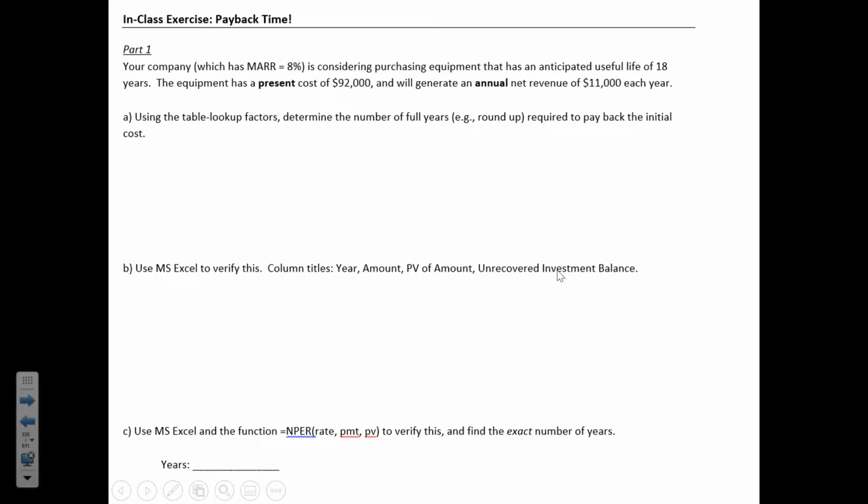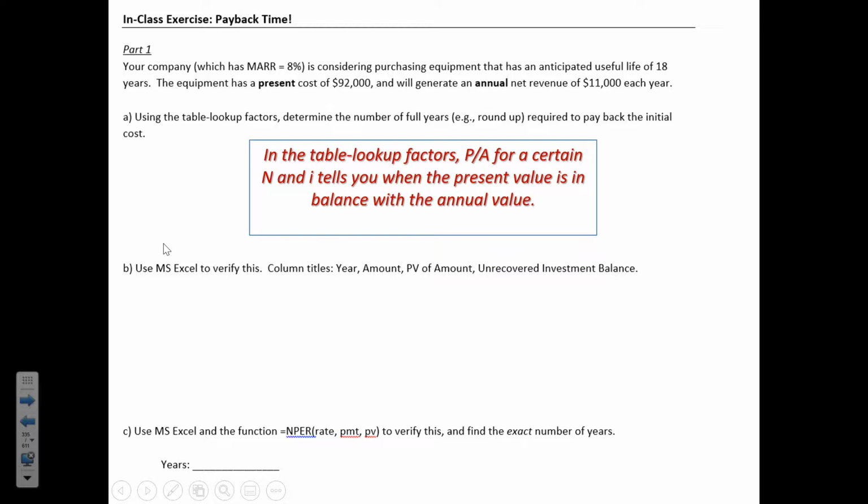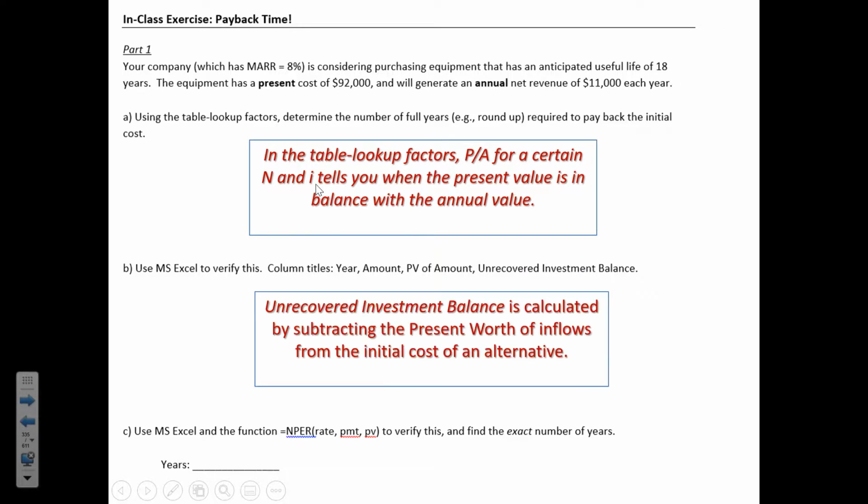And that unrecovered investment balance has the same meaning as it's had on prior occasions, and if you don't remember how to solve it, it's the previous year's unrecovered investment balance plus the present value of the inflows for that year. So I'll demonstrate that in just a moment. You should work on A and B together, and then we'll take a look at the solution together. The first part, A, you do with the table lookup factors, and then the second part, B, you're going to use Excel.